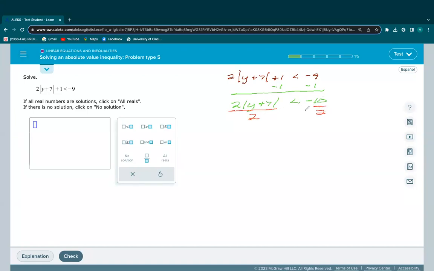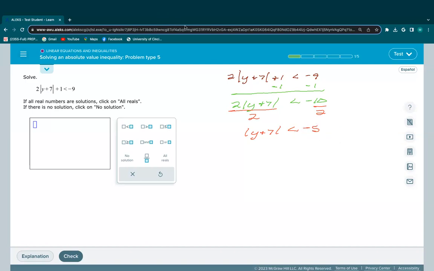Now, because I get a negative answer, I'm not going to change the inequality because I divided by a positive number, so I don't have to do anything special with this. So I have the absolute value of y plus 7 is less than -5. All right. So this is a negative number.